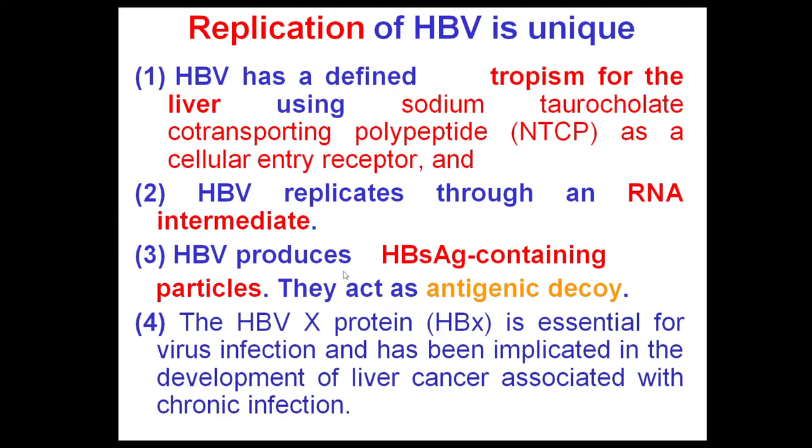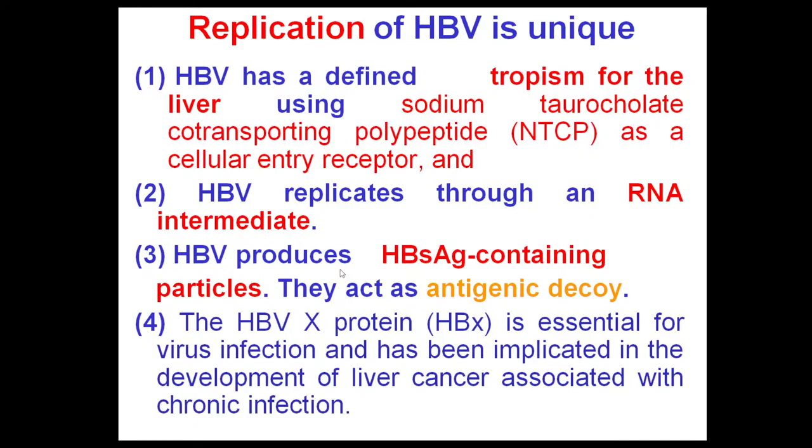Now we discuss the way of hepatitis B virus replication, because, my dears, this is rather sophisticated, and this is a unique way of replication with a lot of distinguishing features. First, some of the most common distinctive characteristics. Hepatitis B has a defined tropism for the liver. Why is it so?